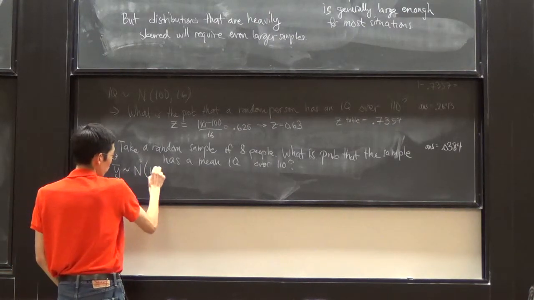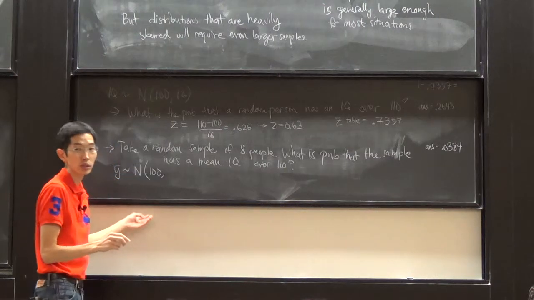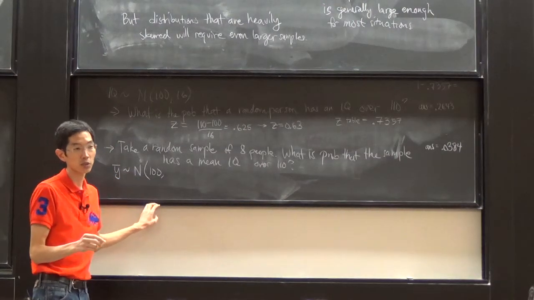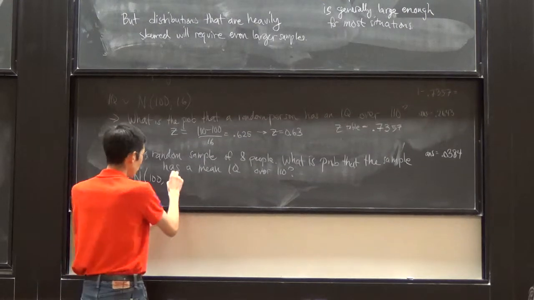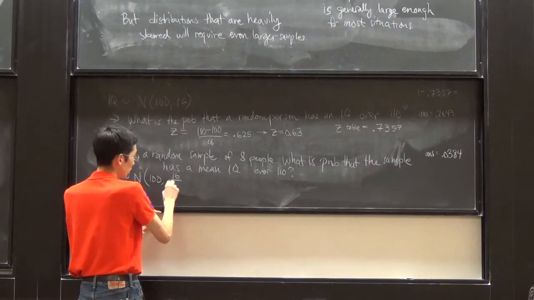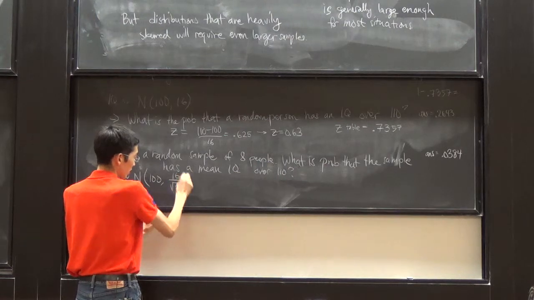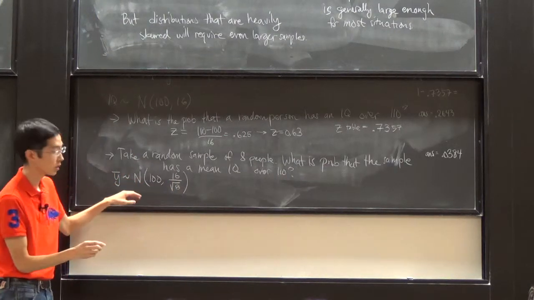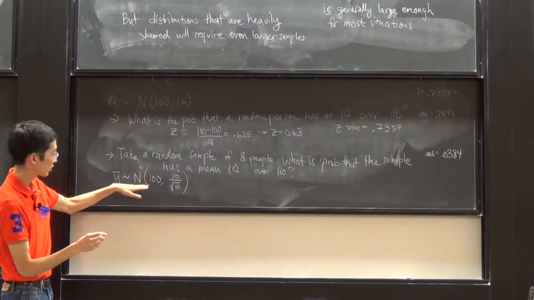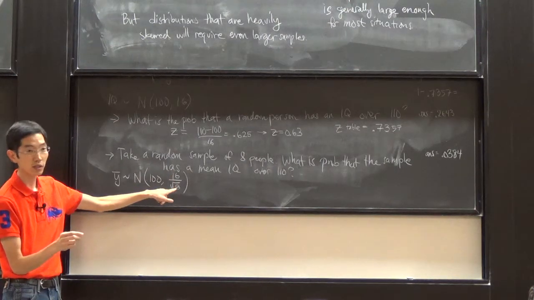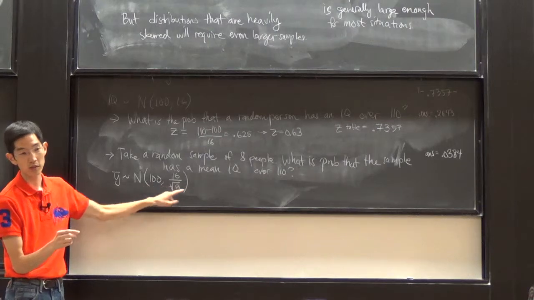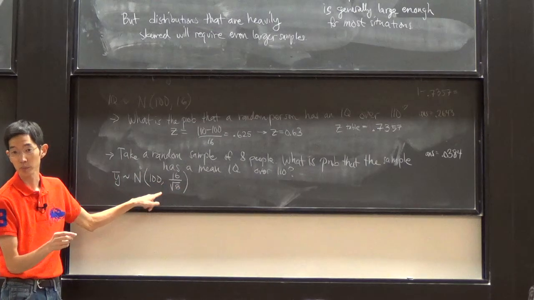The mean is equal to 100, it's equal to mu, and the standard deviation is equal to sigma over the square root of n, so I'm going to do 16 divided by the square root of 8. Okay, so y bar comes from a normal distribution with mean 100 and standard deviation 16 over the square root of 8. So this is the application of the central limit theorem.